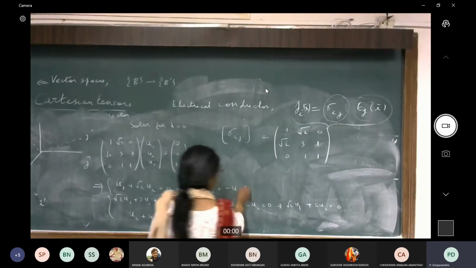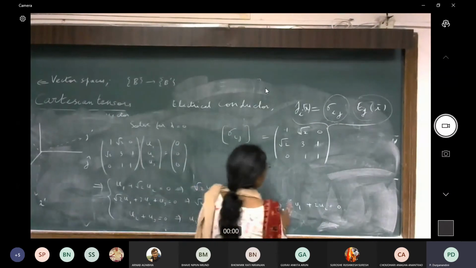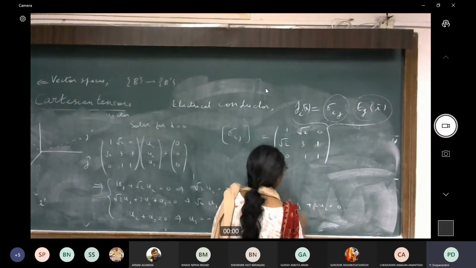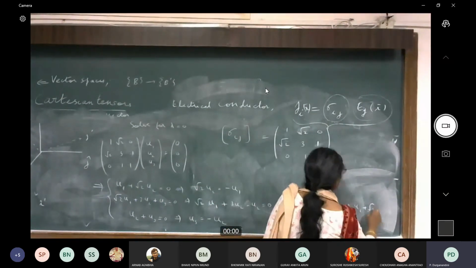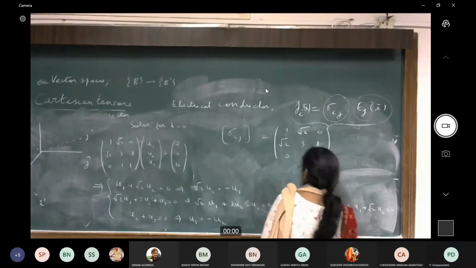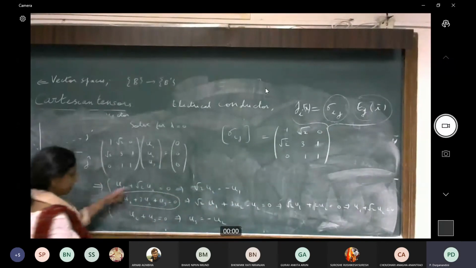So this is exactly the same as this. If I just divide by 2 root 2, then I get U1 plus root 2 equal to 0, which is this equation. So this equation I don't need to worry about. I just have these two.